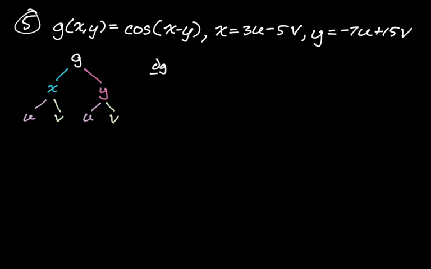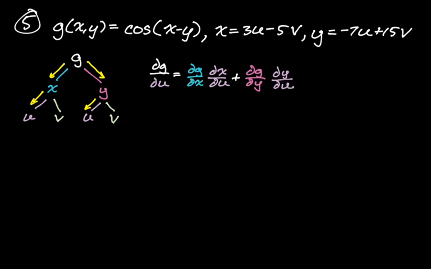We are looking in this case for partial g, partial u, which means all our paths must lead to u, which means g is a function of x is a function of u, g is a function of y is a function of u. So those are the paths that we're going to follow. So we will have partial g partial x times partial x partial u plus partial g partial y times partial y partial u. Now we just have to calculate all these things.